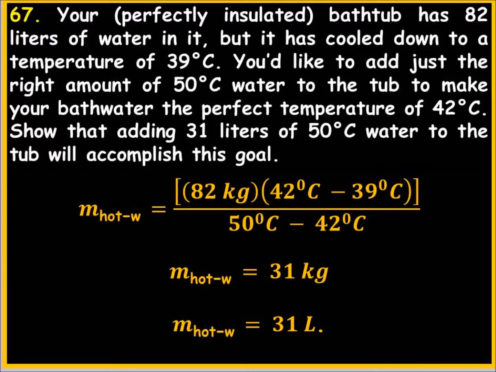So show that adding 31 liters of 50 degree water to the tub will accomplish this goal, and it does accomplish the goal. So sometimes it's important to solve for the equation before you do the calculation. Sometimes that's very helpful.